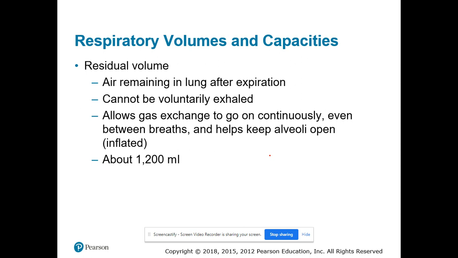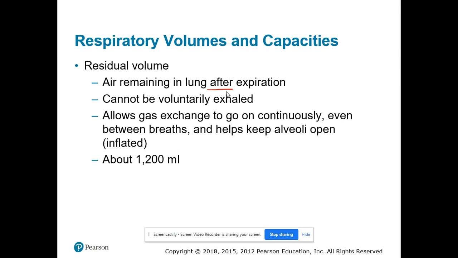Then we have what's called residual volume. This is basically what's left over. This is the air remaining in your lungs after you breathe out. You actually cannot voluntarily exhale this air.